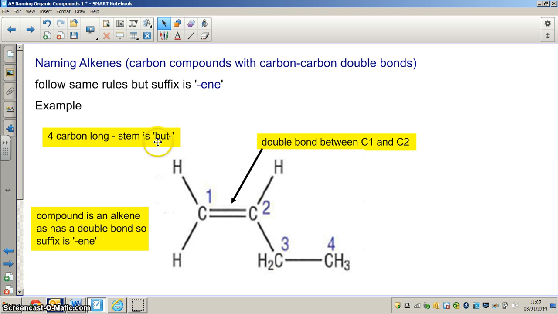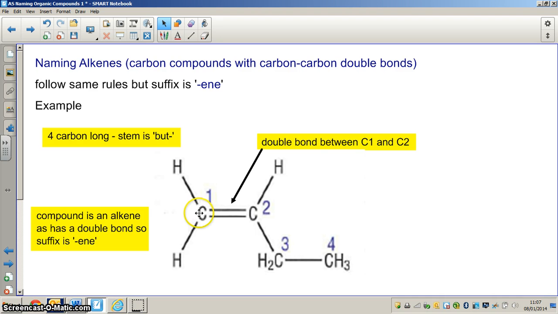So the stem of this molecule is but. And because it contains a double bond, it is no longer an alkane. It belongs to the homologous series of alkenes, and this has a suffix of -ene on the end, as in alkene. So we could have ethene, butene, heptene, etc.